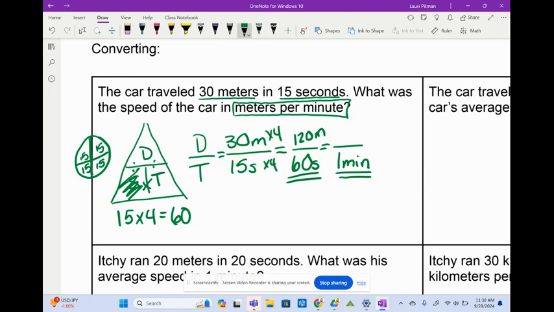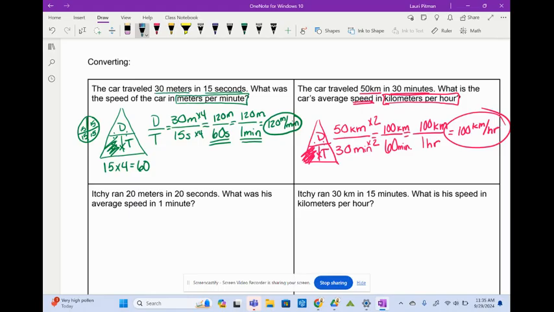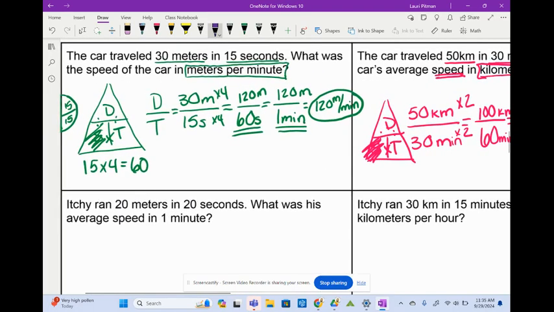Instead of writing our answer as 120 meters in 60 seconds, we can write our answer as 120 meters in 1 minute, which we could then rewrite as 120 meters per minute. Okay, now there's always more than one way to work this out. So I've shown you one way to set it up. Another way that you can find the same answer.